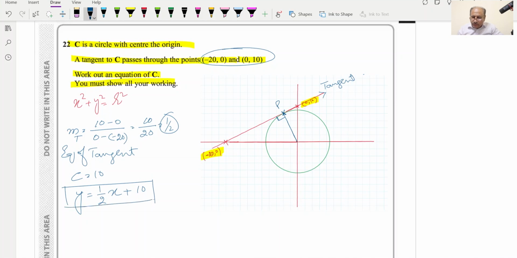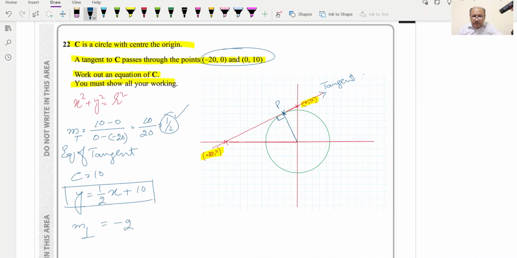After finding the equation of the tangent, we basically require the coordinates of P, and for that we will find the gradient of the normal. We know that the radius is perpendicular to the tangent, so the gradient of the normal will be the reciprocal and change of sign of the gradient of the tangent, so it will be minus 2.